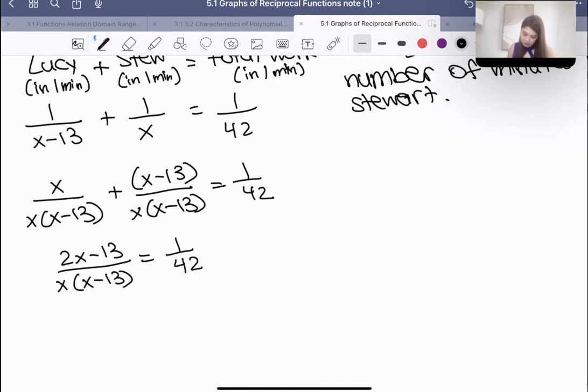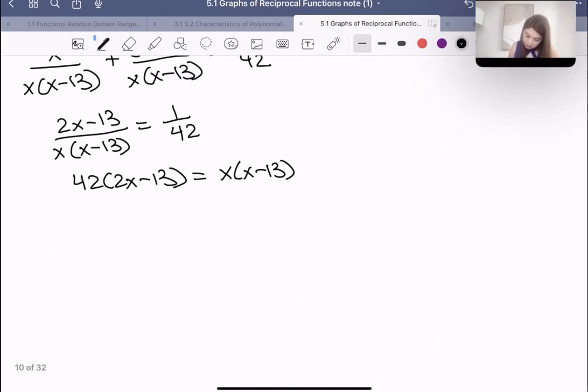equals 1 over 42. So there we go. Then I'm going to cross multiply this, and we're going to get 42 times 2x minus 13 equals x times x minus 13 over here. Now I'm going to expand. We're going to get 82x minus, let's see, what's 42 times 13? I'm not sure.